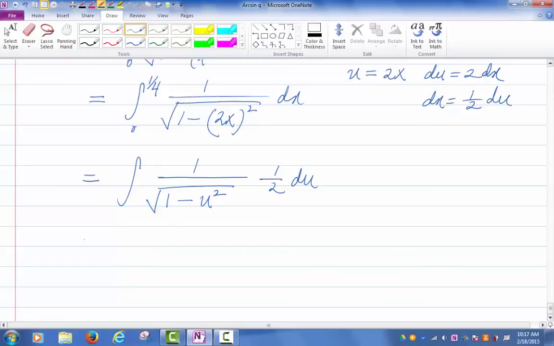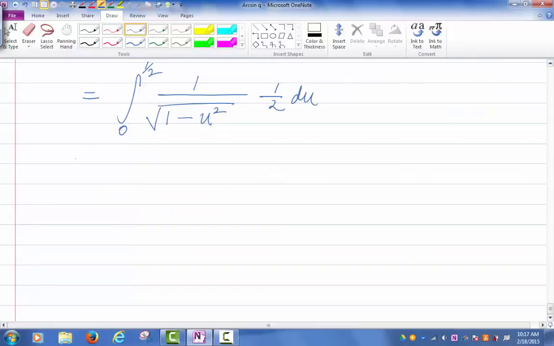When x is 0, what is u? 0. When x is a fourth, what is u? Half. Okay, so I can take the half outside, and this is 0 to half, and I have 1 over the root of 1 minus u squared left.